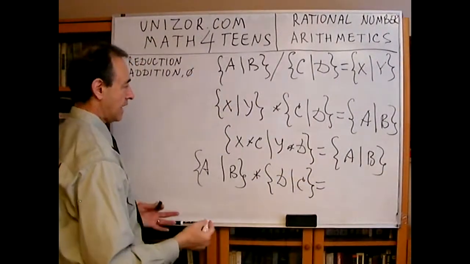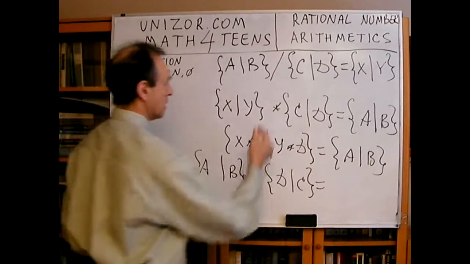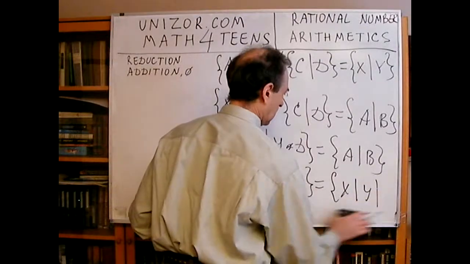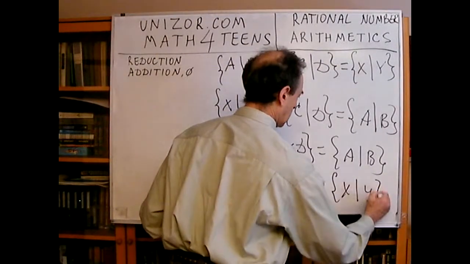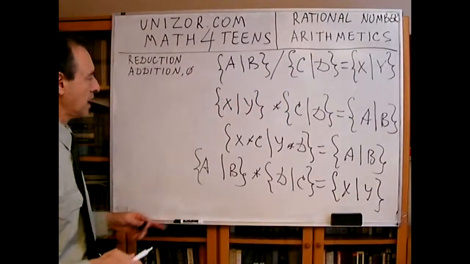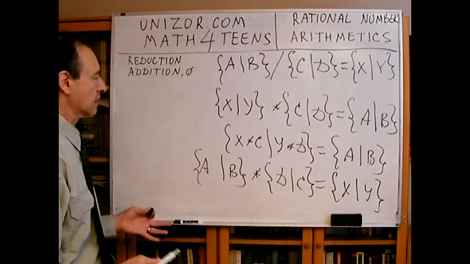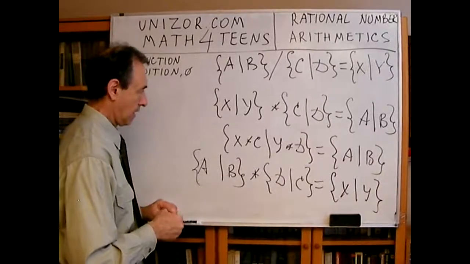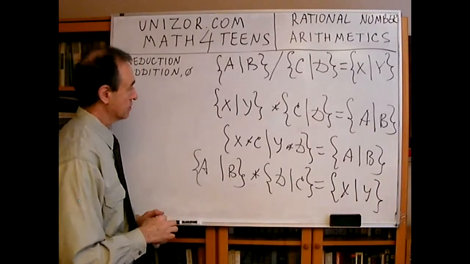Now, that actually should be equal to x over y. And again, if you will do all these multiplications, this and this would mean exactly the same thing. So that's the definition of division.